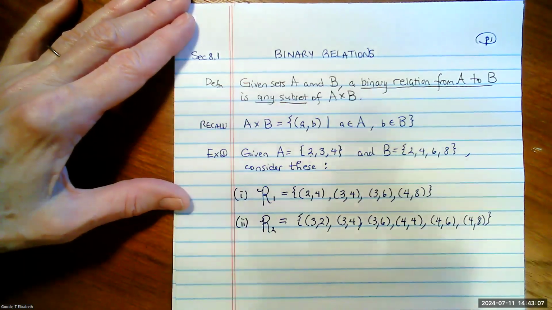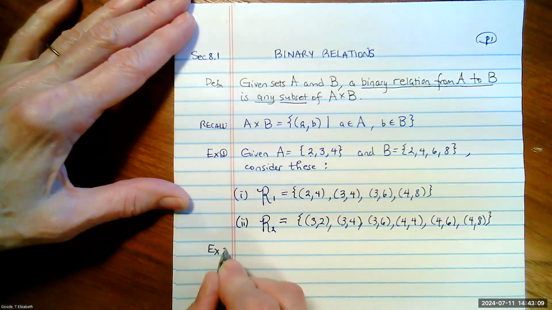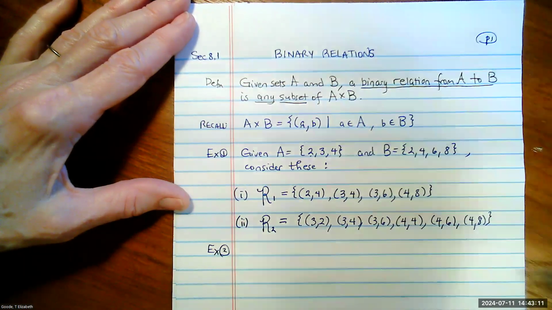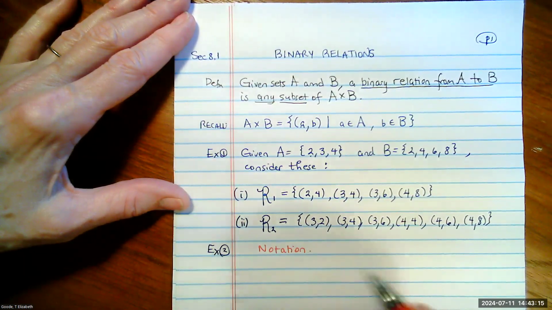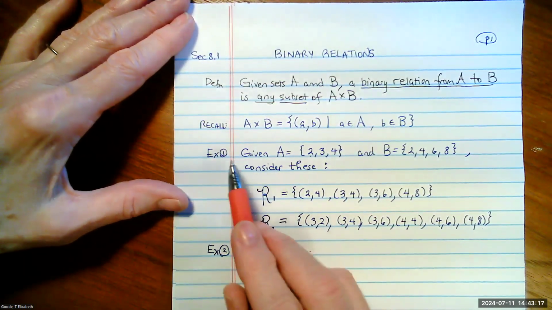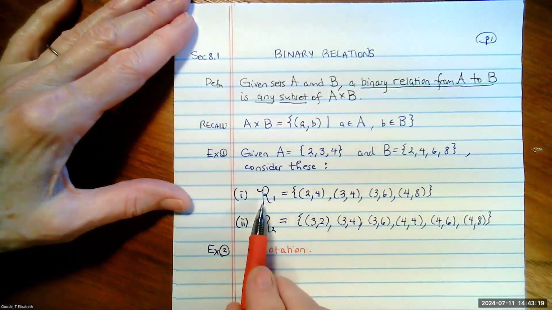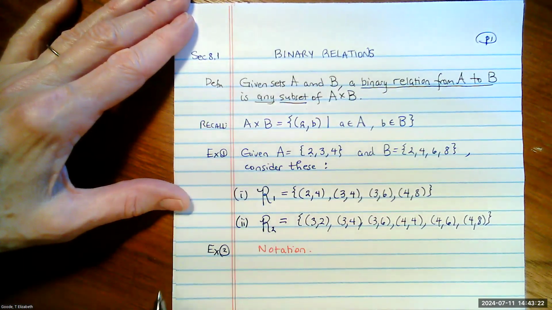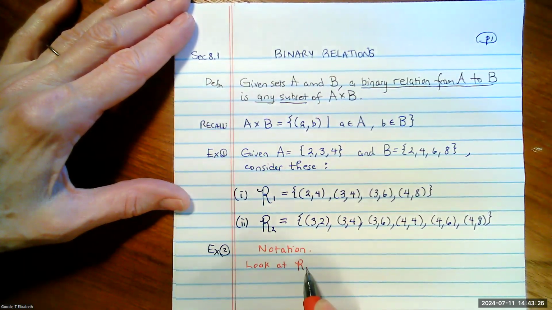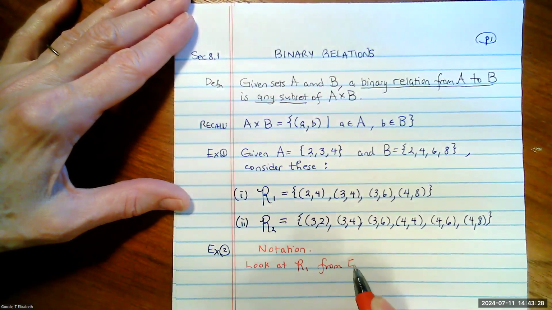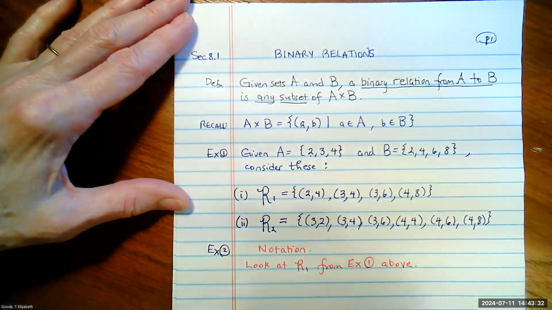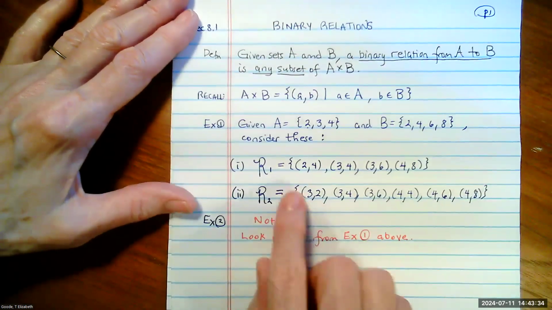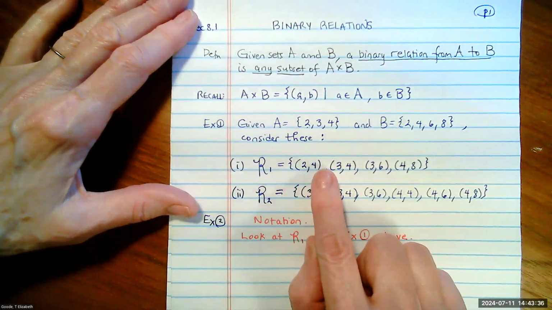Notation. Example 1, let's look at R1. Notice in R1, we have the ordered pair 2, 4.